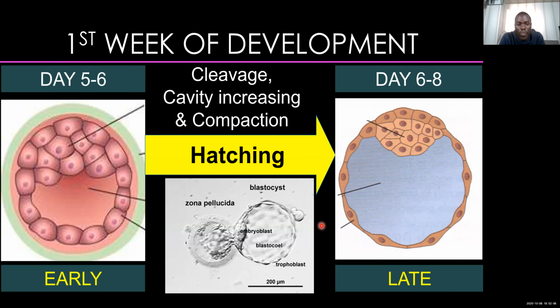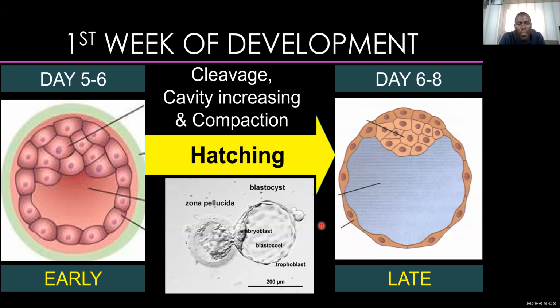But I agree with you, the pressure in the early one is higher than the pressure in the later one, except that that one is not anatomical. Any other difference? The cross-section of the late blastocyst is bigger than that of the early. Oh, you mean the size? Yes. Okay, good. So there's a size difference.